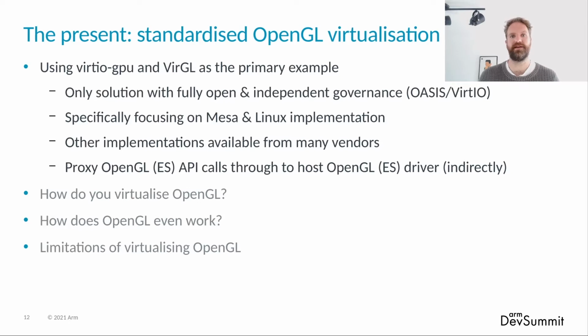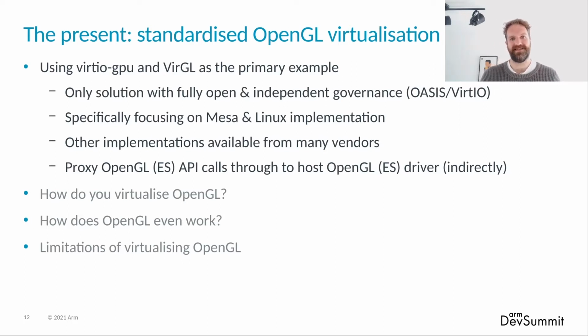You're able to join and get involved and propose some improvements. And similarly, I'm going to be focusing on the implementations we have within Mesa and Linux, the open source implementations. There are other ones from other vendors, be they open or proprietary, but since these are the open ones, I'll use them as an example because they're the ones we can actually discuss the details of without getting into trouble.